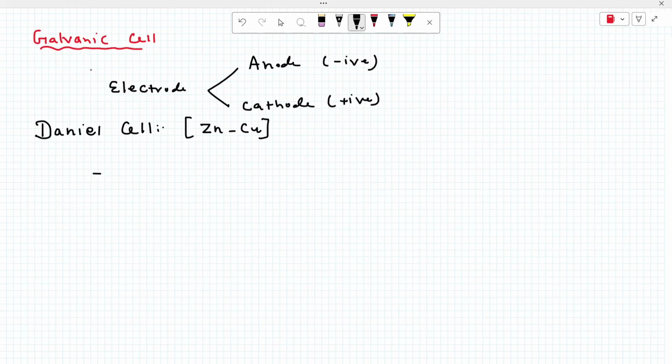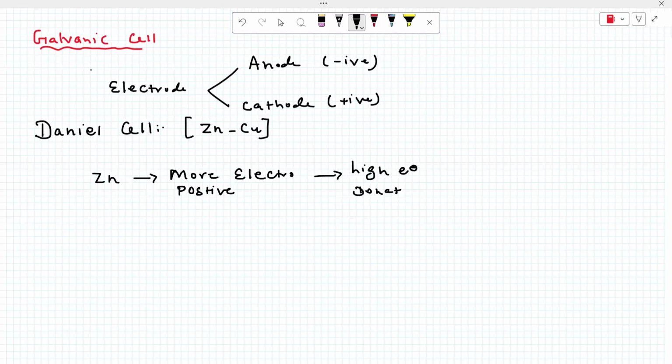Therefore, zinc is a more electropositive element. What is electropositive? The tendency to give electrons. Therefore, high electron density, high electron donating nature. Therefore, it undergoes oxidation.